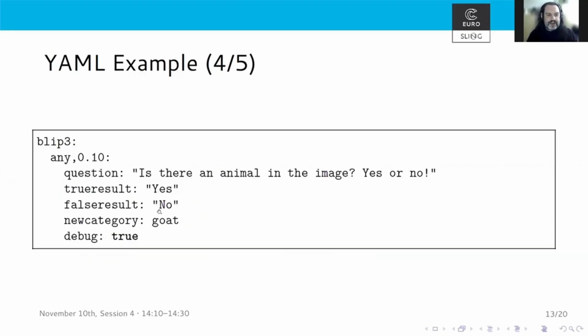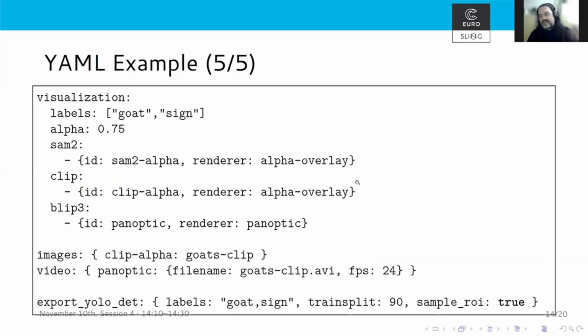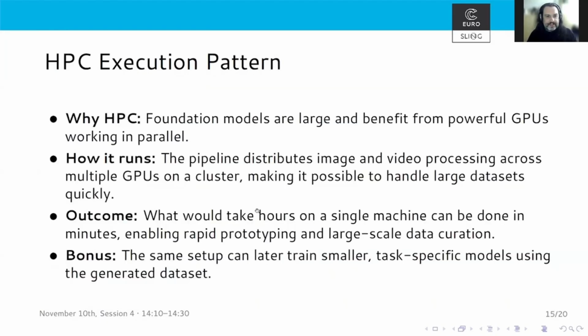And then for BLIP, it's basically just a question: is there an animal in the image? Of course, if we were not searching for animals, the LLM would put something else. If we had trains, or cars, it would ask, is there a vehicle or something like that. Then for verification, and then there is how you set the results, how you want to see the results. This part is also not that complicated.